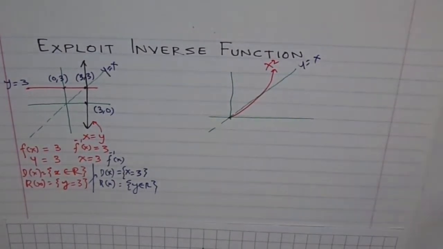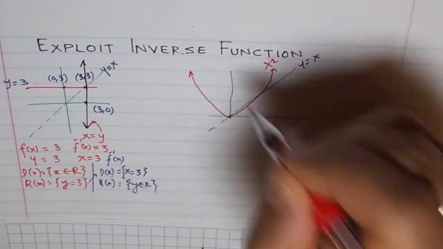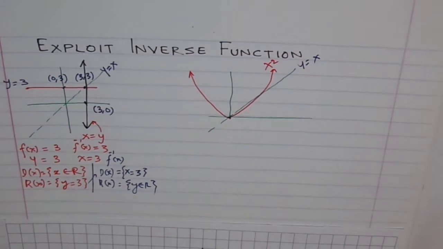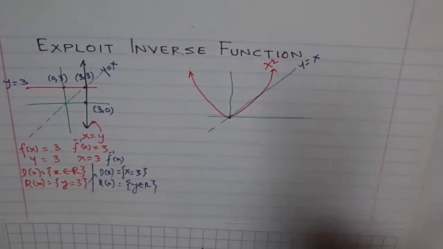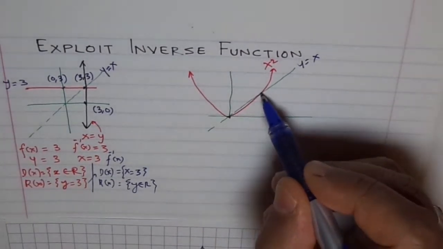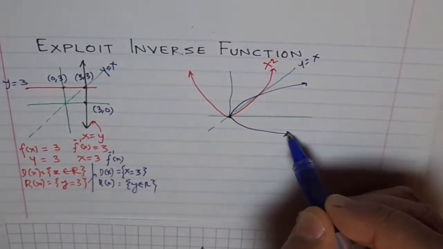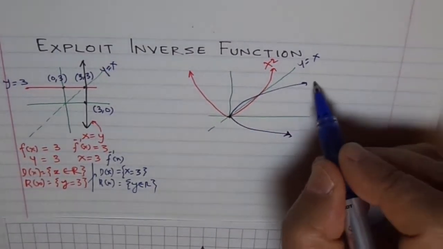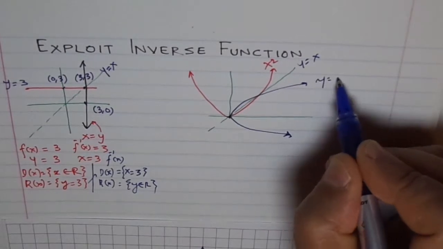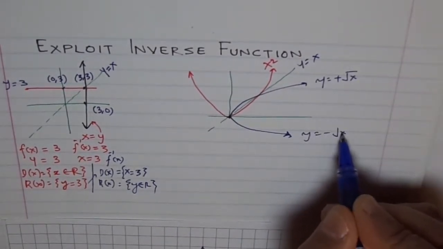Let me draw the full function. y equals x squared has the domain of all real numbers, correct? So on the minus side, it will be symmetric about the y-axis, and that's how we get it. And to flip it, we get our inverse, right? So our inverse looks like this, which is like y equals plus square root x and y equals minus square root x.